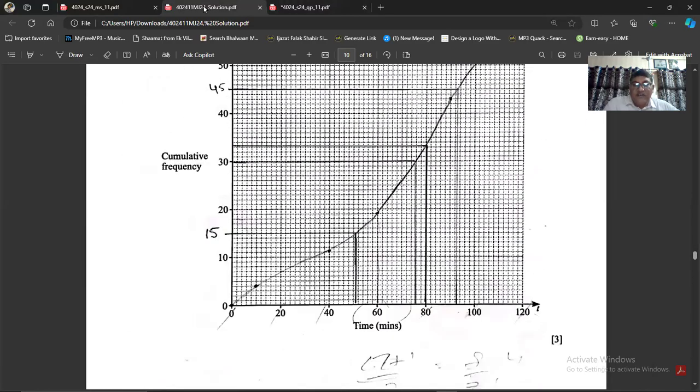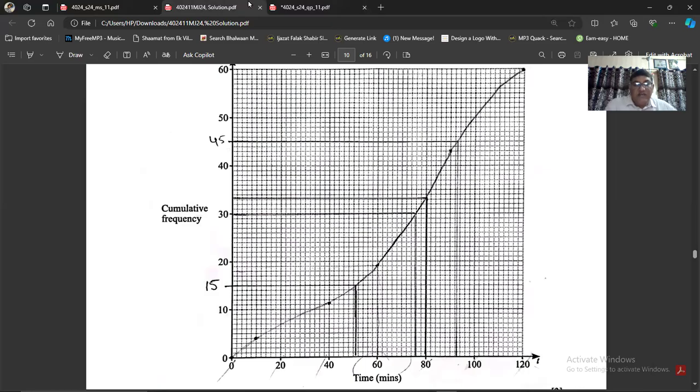So we will check where 80 minutes is. From here, I will go to the graph and check the cumulative frequency here.